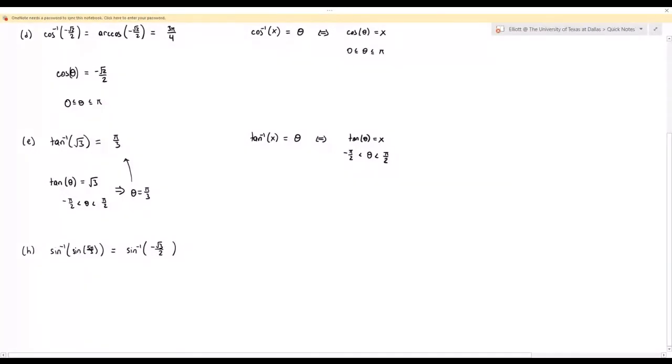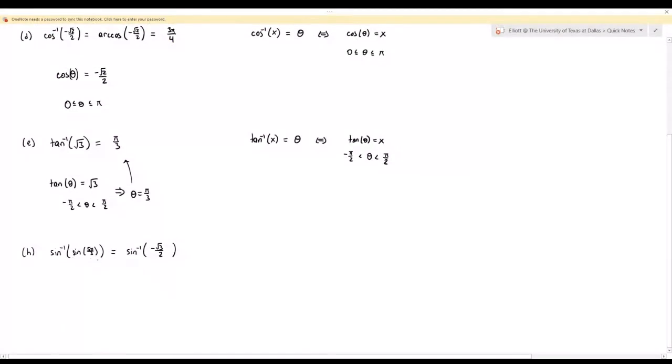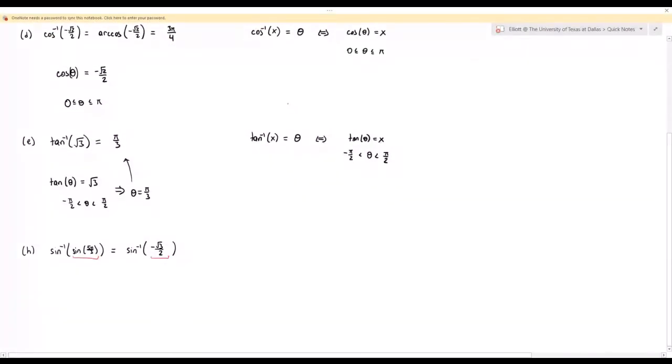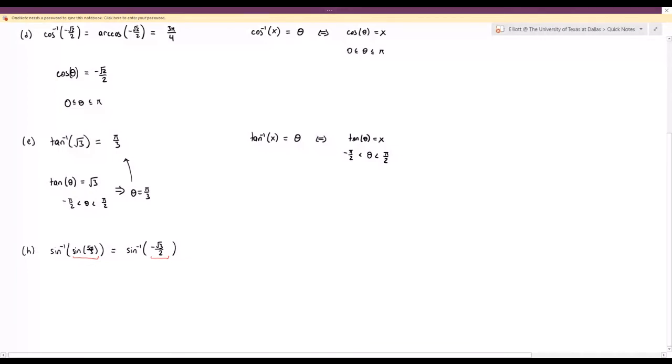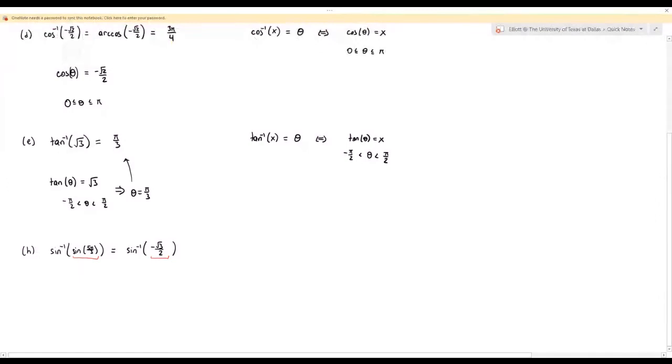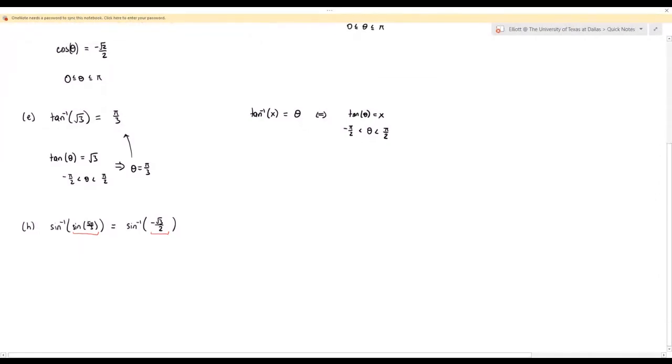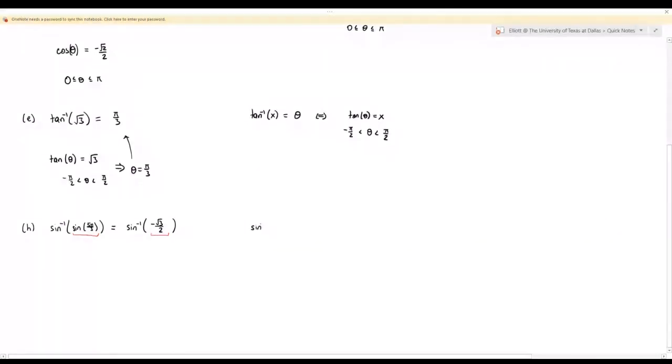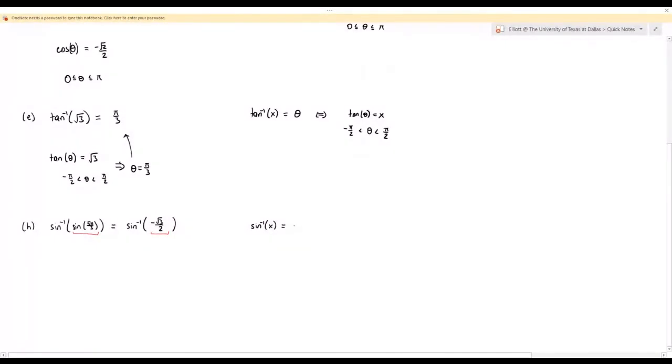So first, all we did was evaluate the inside. We just said sine of 5 pi over 3 is negative root 3 over 2. Okay, so now to evaluate this expression here. Inverse sine, just like all the other inverse trig functions, outputs an angle.